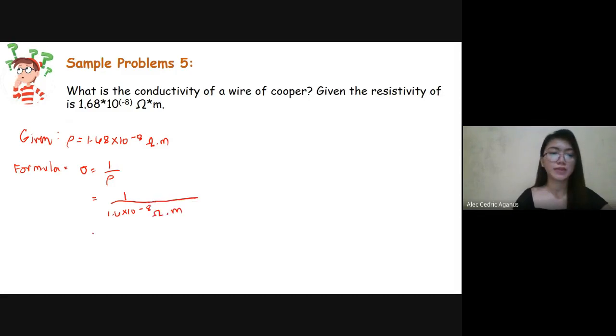This will give us the exact value of 595,238.0.